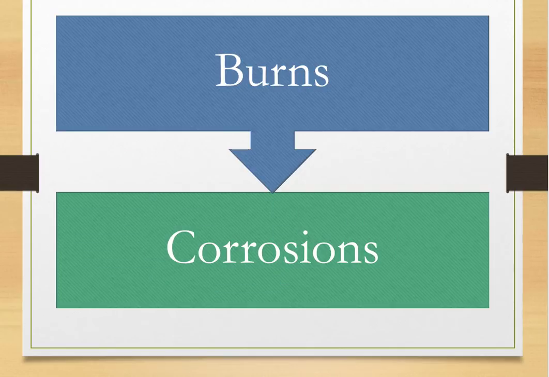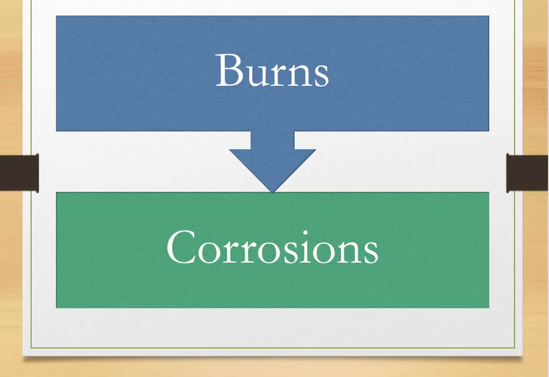Next up, we're going to take a look at coding of burns and corrosions. The ICD-10 code set does make a distinction between a burn and a corrosion. Our burn codes are for thermal burns, except sunburns, that come from a heat source such as a curling iron, a fire, or some other hot appliance.